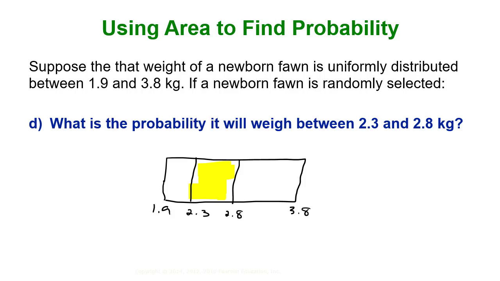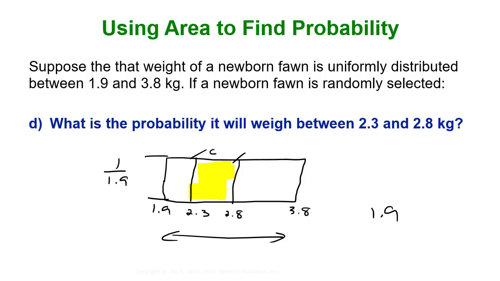And you go, oh, area of a rectangle. I know what the height is, right? Because I've got my total distance here. My total base, we figured out was 1.9. So this height has to be 1 over 1.9. And the area that I'm looking for here, this base, is just 2.8 minus 2.3, right?